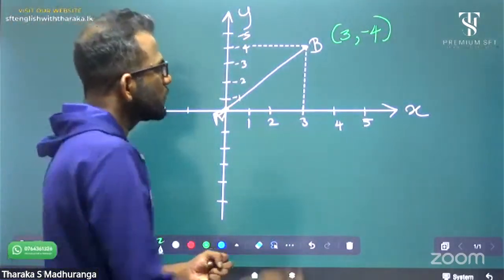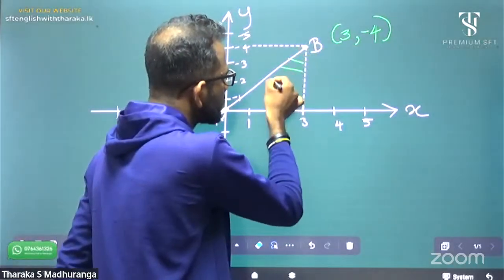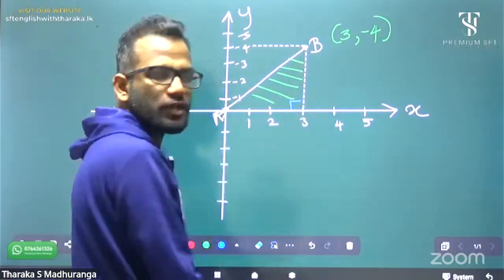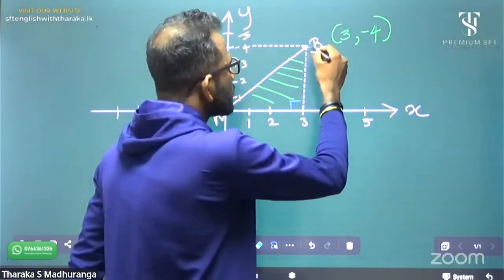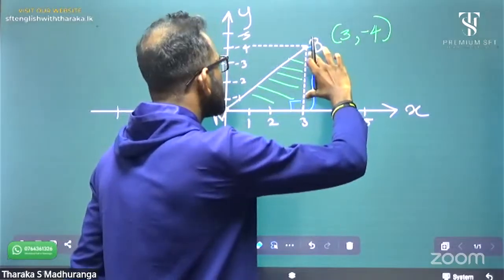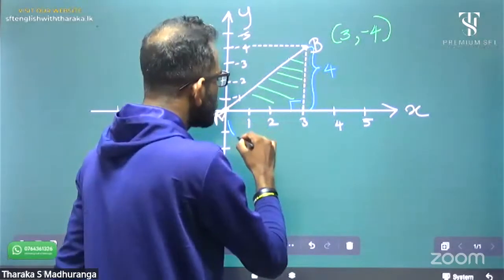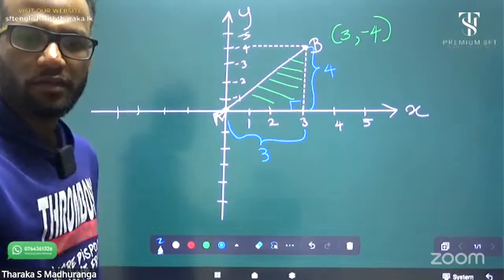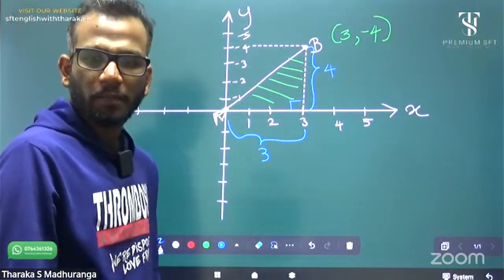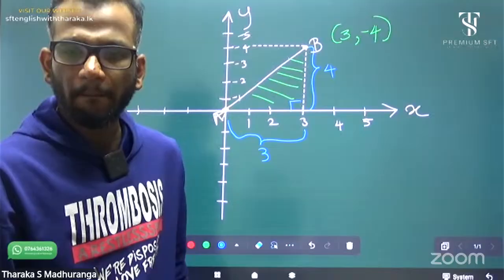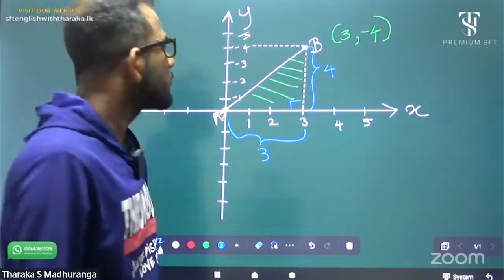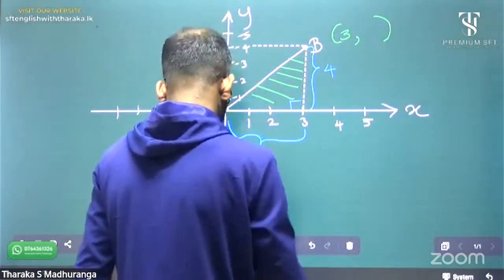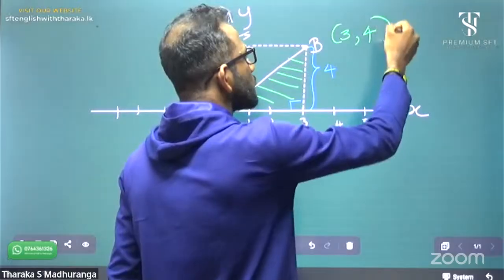If you think this shaded part is a right angle triangle, the side lengths are 3 and 4.